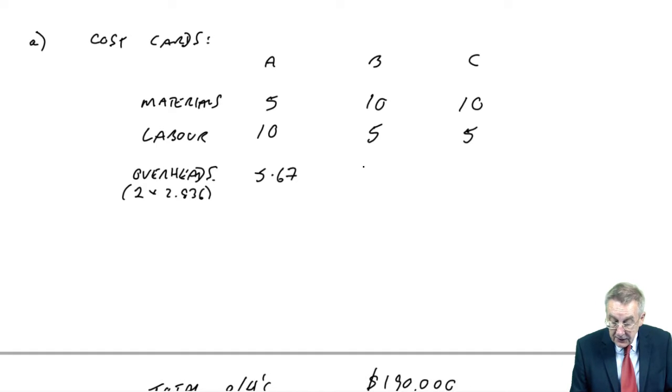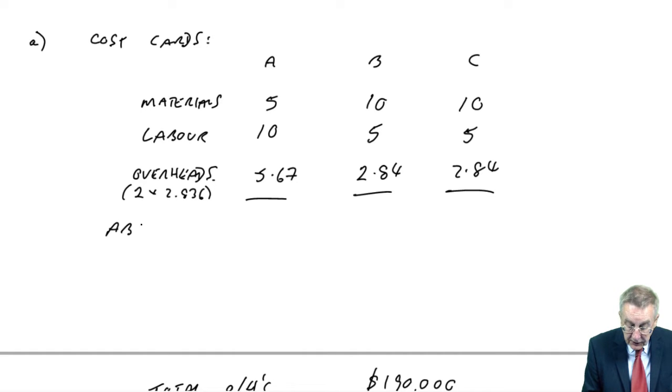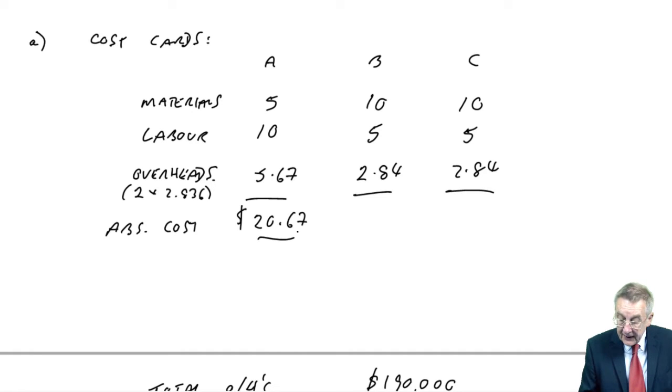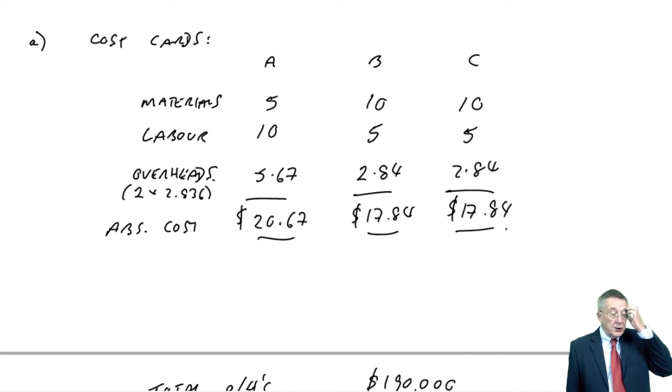So again to the nearest cent, 2.84 per unit. Now that gives us a full cost or an absorption cost per unit of A, $20.67, B, $17.84, C again $17.84. So there's the cost per unit on this approach.